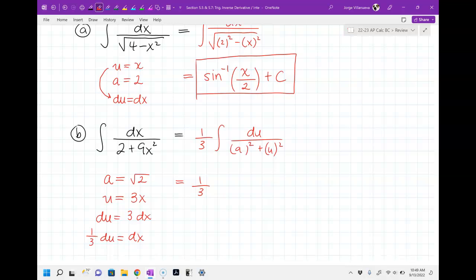And the integral of the thing on the right side is 1 over a tangent inverse of u over a plus c. But let's plug in our a and u values. So that's 1 over 3 radical 2 tangent inverse of 3x over radical 2.